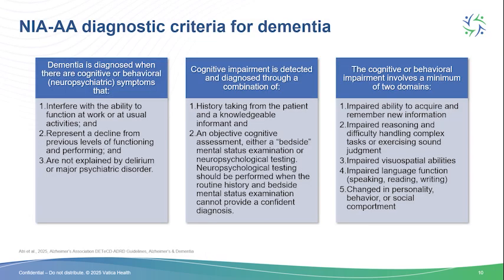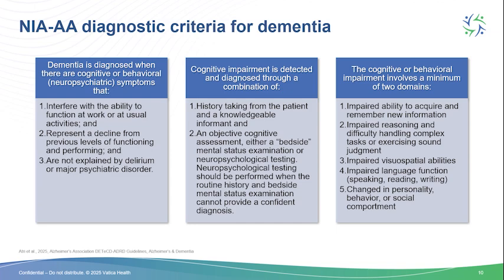So now let's define NIA-AA criteria for dementia, which is included in DSM-5 major neurocognitive disorder. So dementia is diagnosed when there's significant cognitive impairment that limits function. It interferes with the ability to function at work or usual activities. It's a decline from previous levels of functioning, and it's not explained by delirium or a major psychiatric disorder.